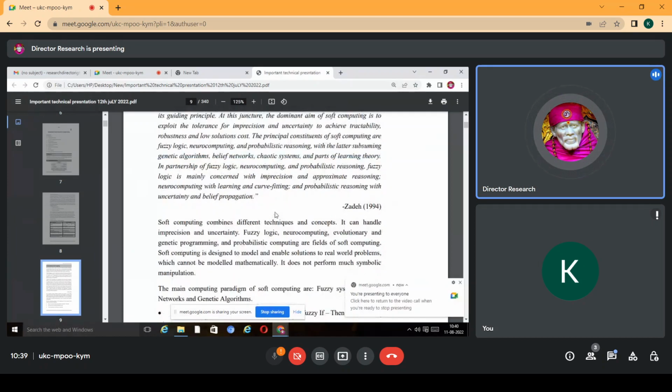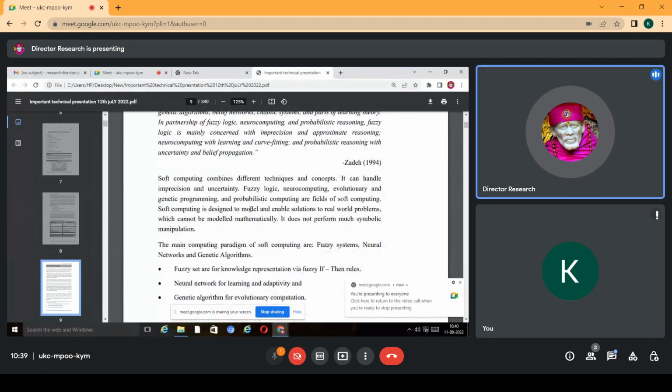Soft computing combines different techniques and concepts.